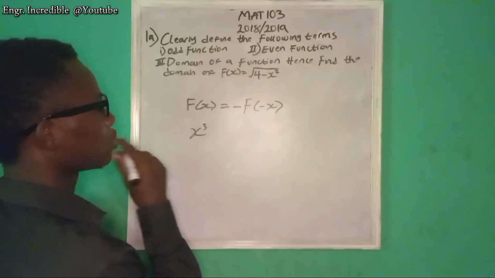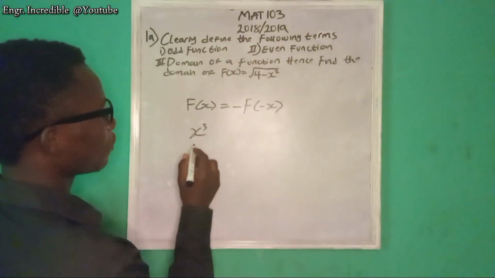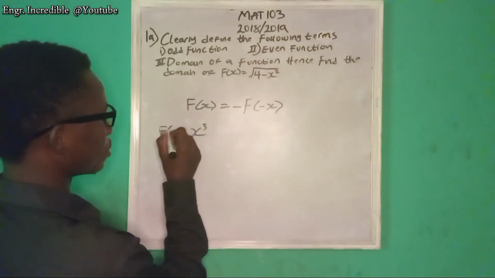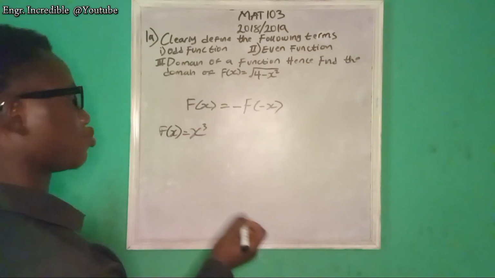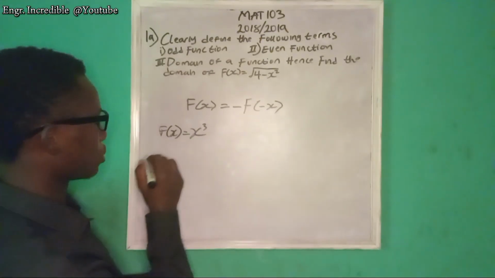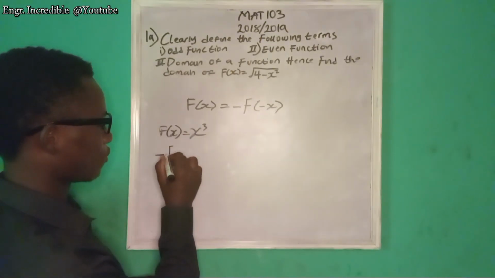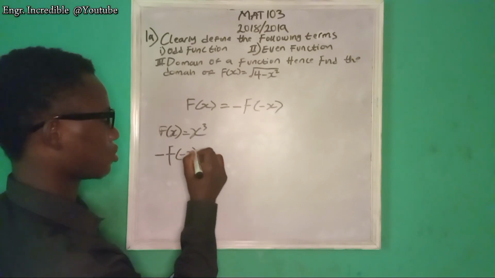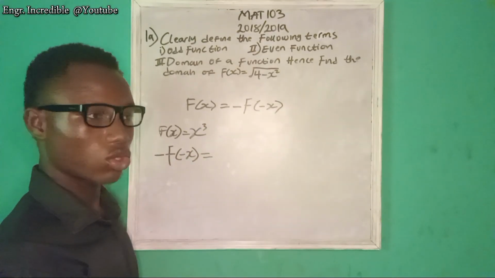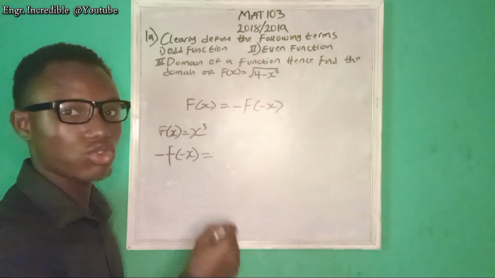So we have x cube as f of x. Now we have to find minus f of minus x. It has to give us the same value that x cube gives us.